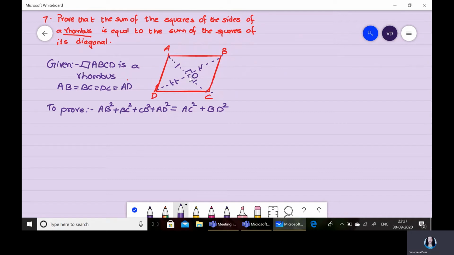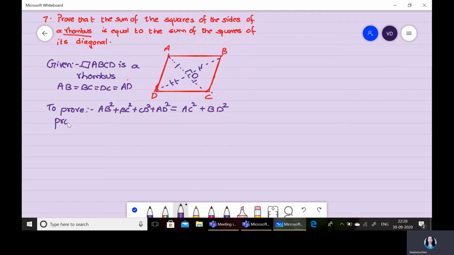So we can use the properties. OA and OC are half of AC, and OB and OD are equal and half of BD. You can apply Pythagoras theorem in any one of the triangles and prove it.